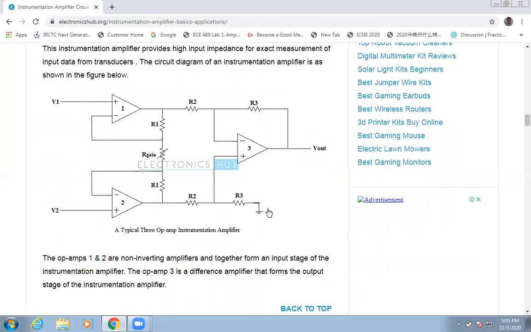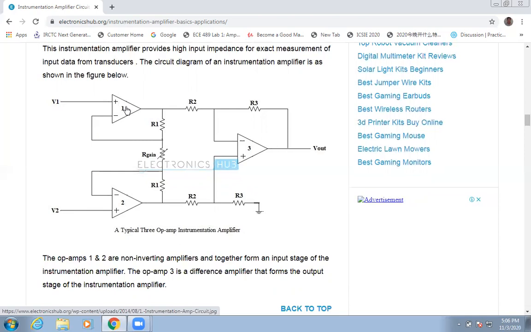The op-amp 1 and op-amp 2 are non-inverting amplifiers because we are applying the input signal at the non-inverting terminal of the operational amplifier. Here V1 is applied to the positive terminal, that is non-inverting terminal of operational amplifier 1, and V2 is the input signal applied at the non-inverting terminal of op-amp 2.